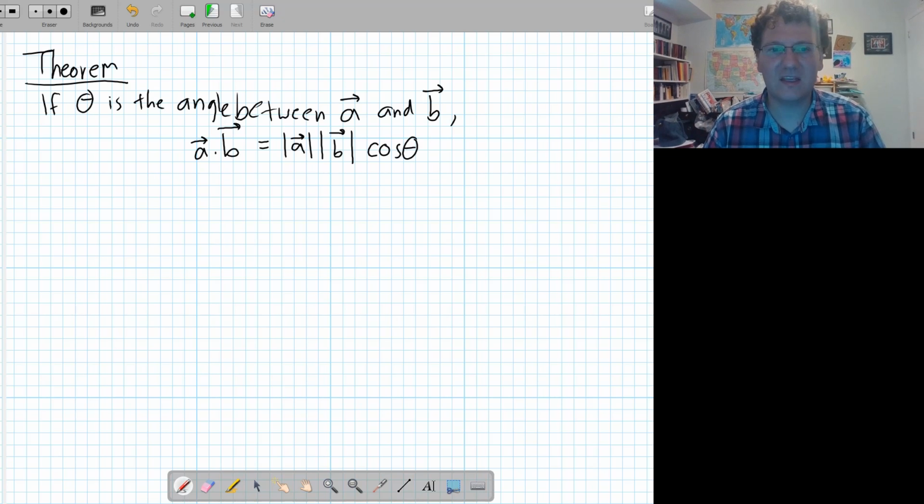And this can be proved using the law of cosines. So let's see, a nice way of illustrating this proof.